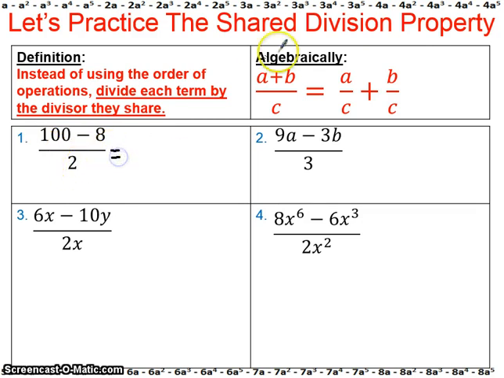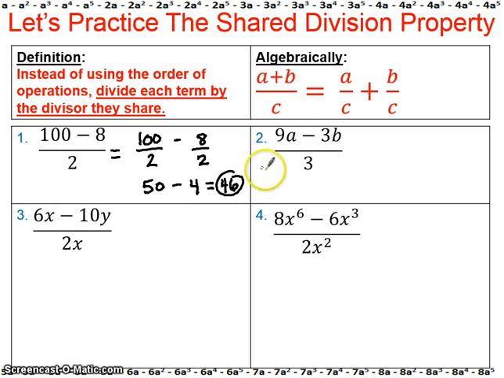If we use the shared division property, we can take the first term, which is 100, and divide it by the factor, which is 2, and then subtract the second term divided by the same factor, which is 2. So 100 divided by 2 is 50, minus 8 divided by 2, which is 4, and we get 46.